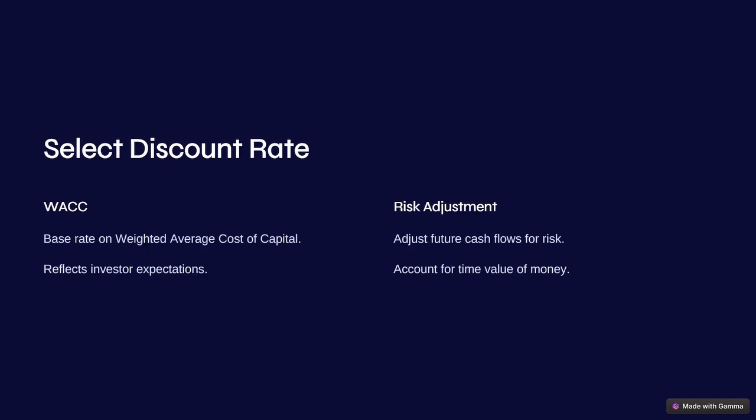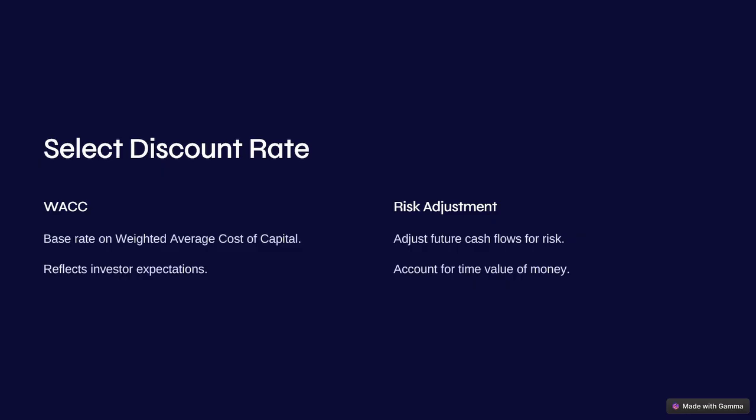So how is this discount rate calculated or assumed? It is assumed on the basis of the weighted average cost of capital of the hotel, which reflects the investors' expectations.